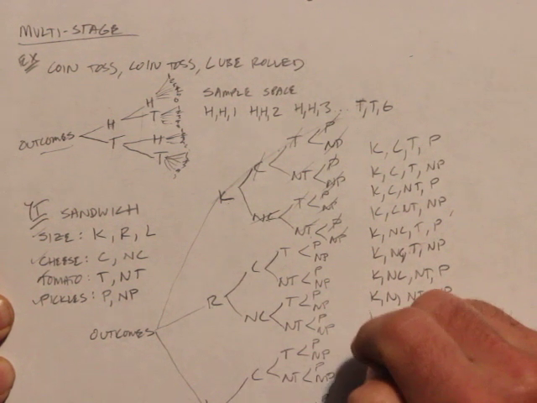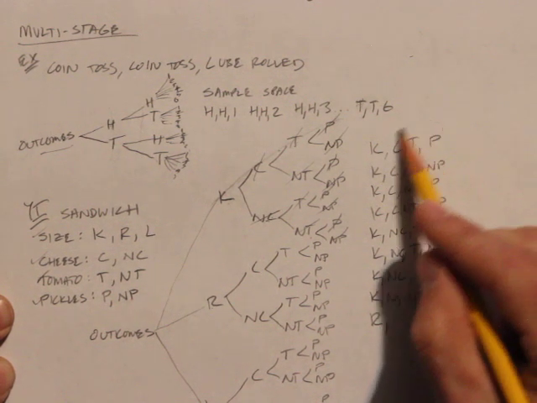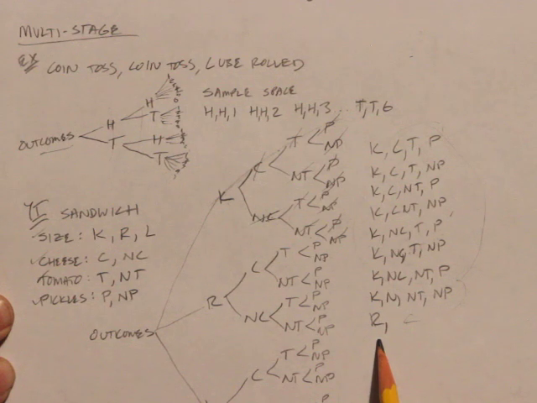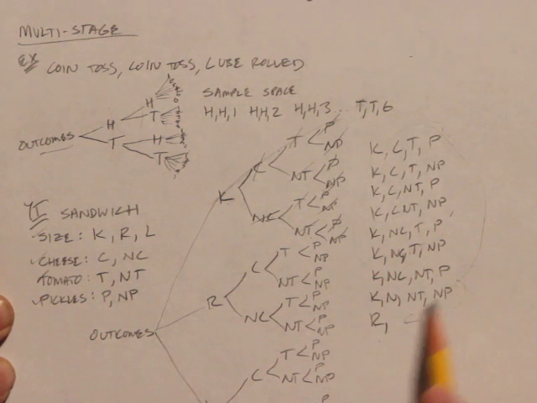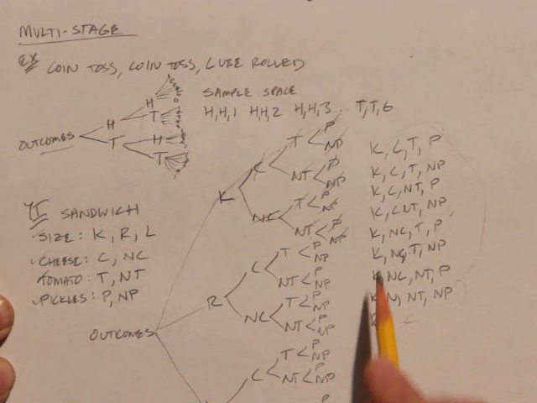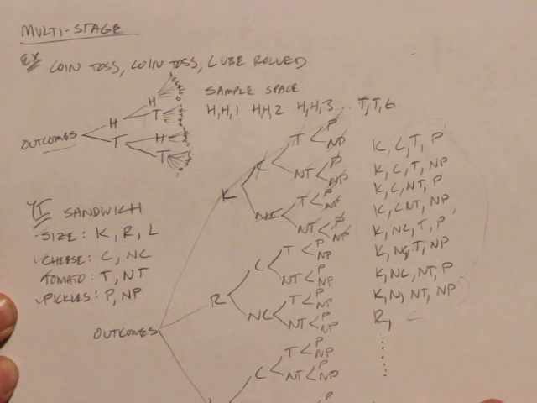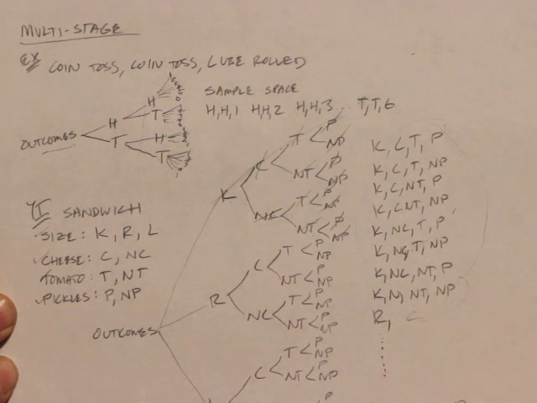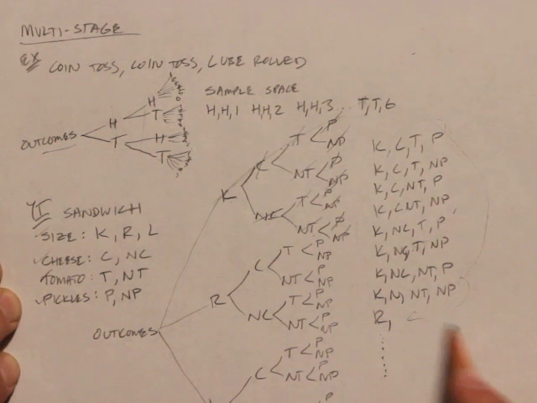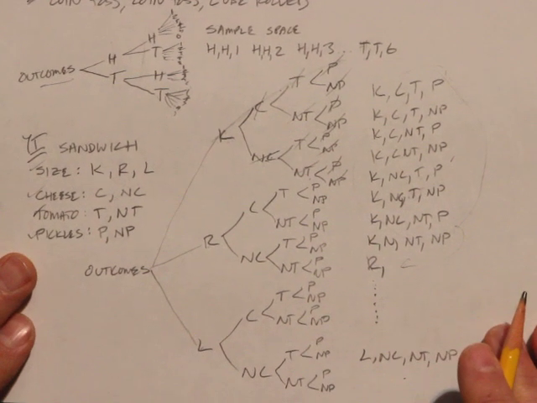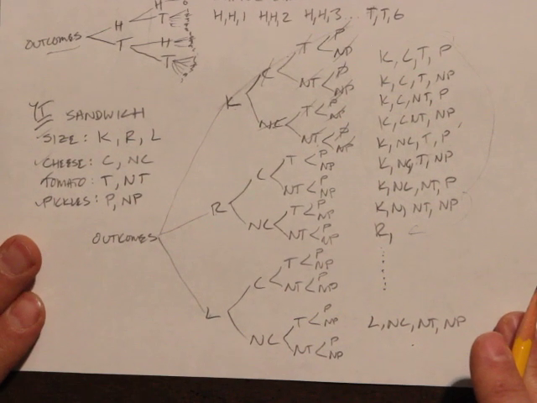Now I do the regular. The regular is going to look exactly like this, but with R in front instead of K. The large is going to look exactly like this, except for L in front instead of R or K. So dot dot dot, L, no cheese, no tomatoes, no pickles. You should be writing all of that in there, but I'm not going to do that for the sake of what we're trying to accomplish in this video.